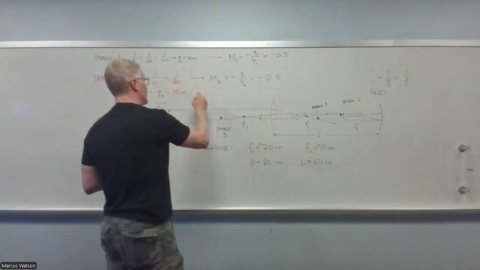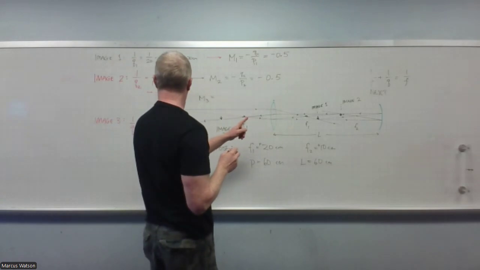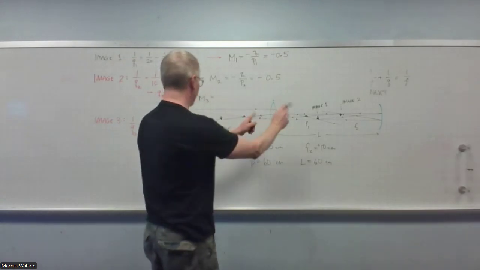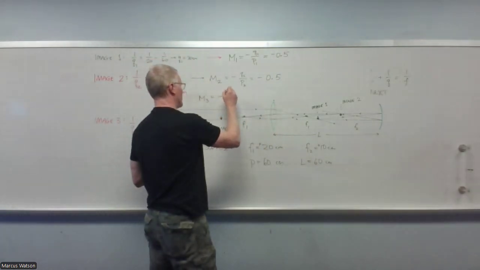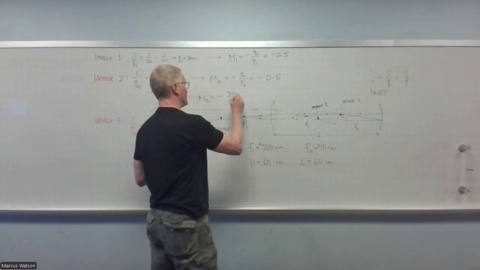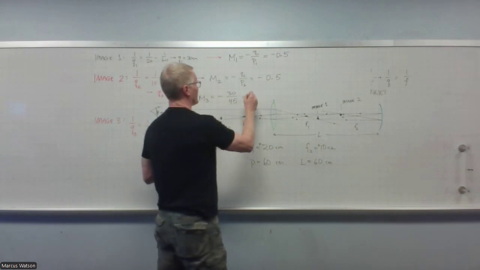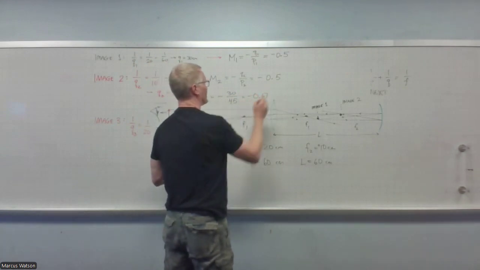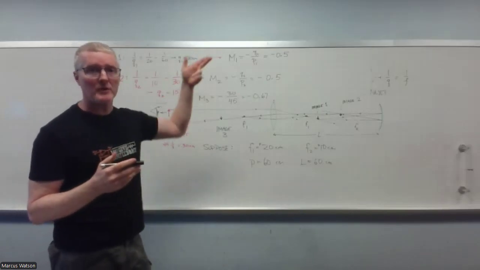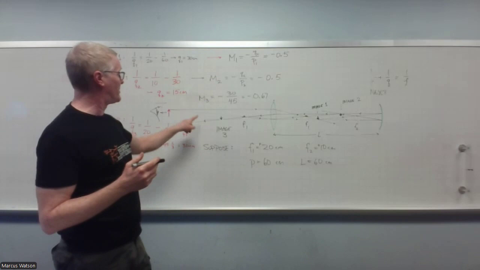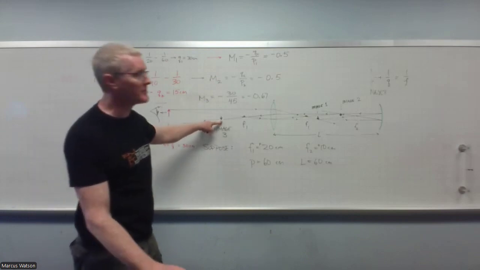And for 3, Q is 30 centimeters. The object is 45, so this turns out to be negative 30 over 45, which is 2 thirds, negative 0.67, say. All right, now I'm going to multiply 1, 2, and 3 in order to find the ultimate overall magnification, so I guess it's really quite a bit tinier than it seems.